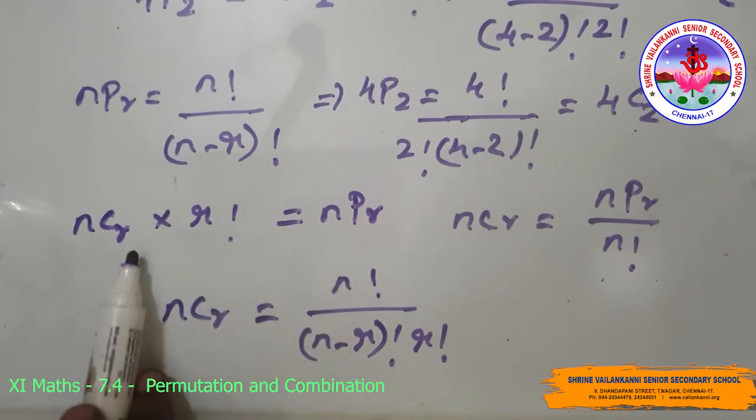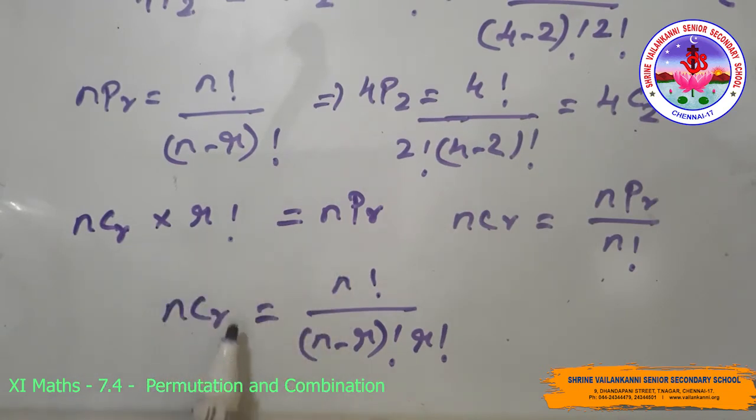So nPr equals nCr into r factorial. So we can write nCr as n factorial by (n minus r) factorial into r factorial, as r objects in every combination can be rearranged in r factorial ways.